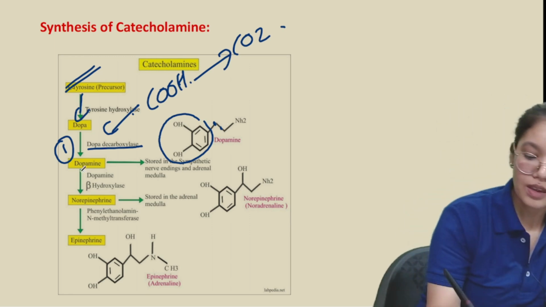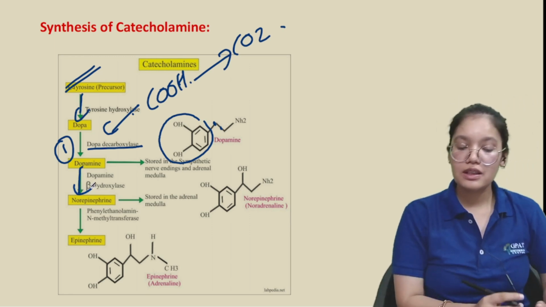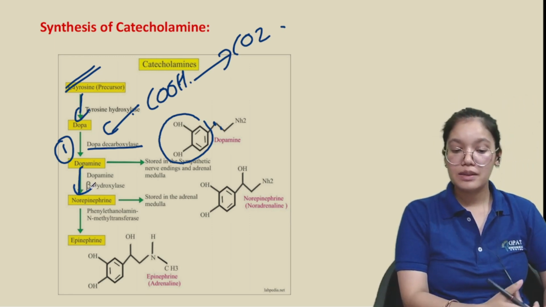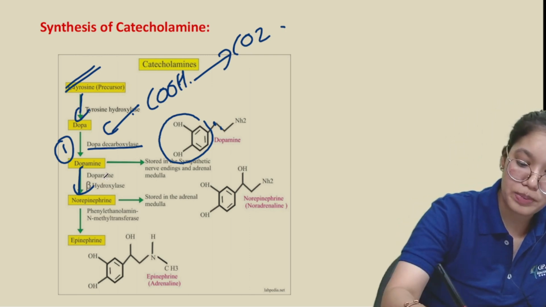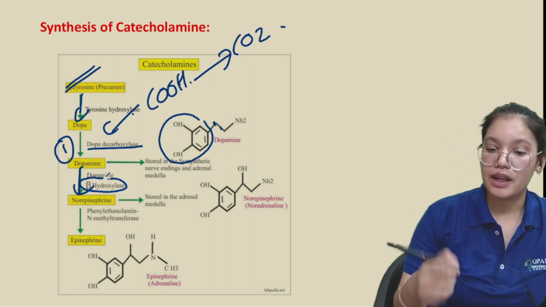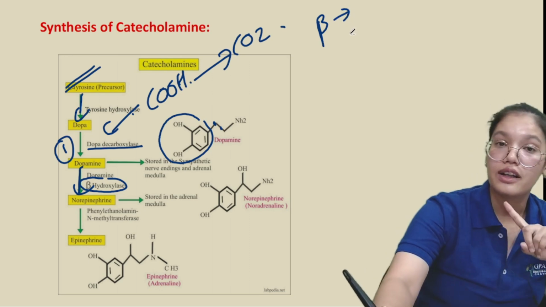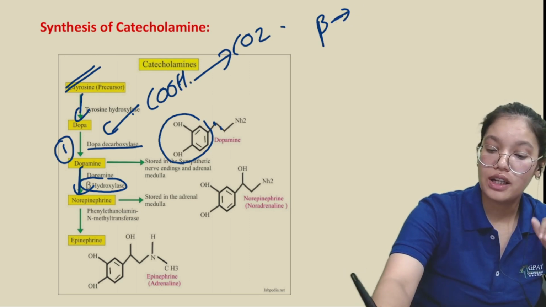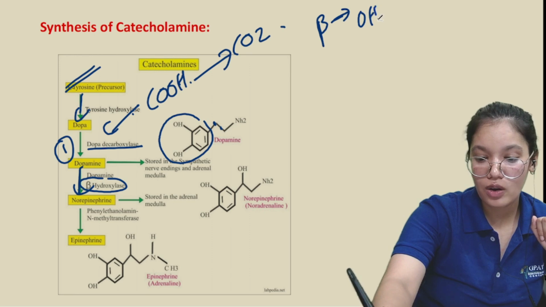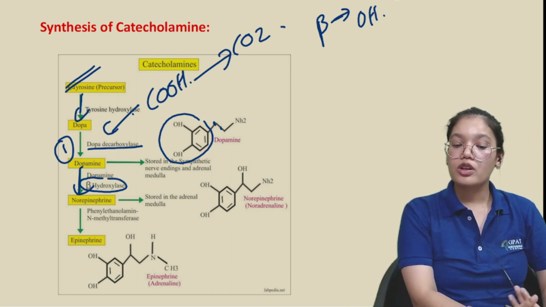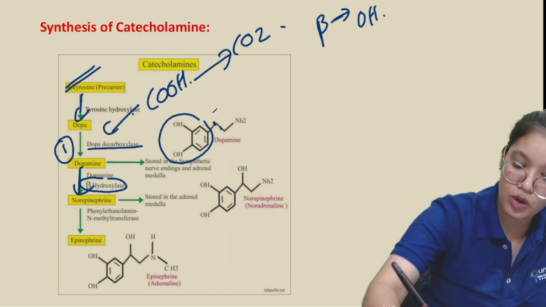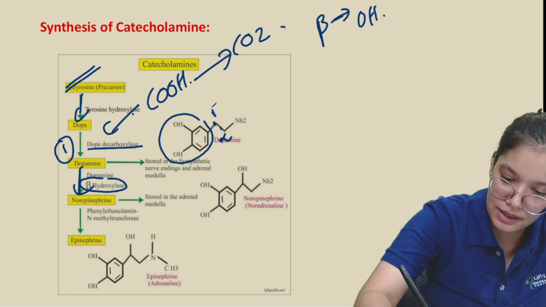Then further, this dopamine, in the presence of an enzyme dopamine beta hydroxylase, meaning at the beta position of the carbon chain it adds a hydroxy group. So in dopamine, this is the alpha and this is the beta.